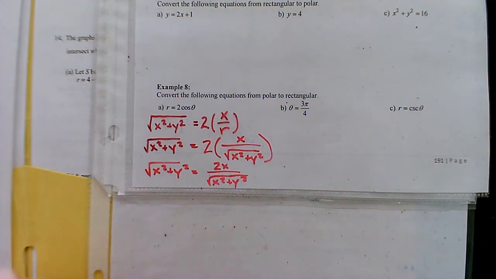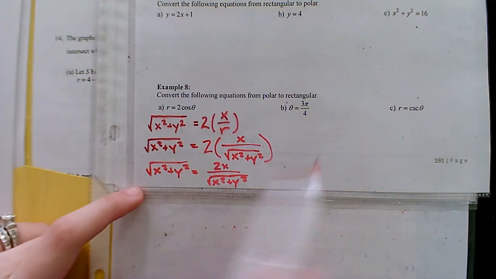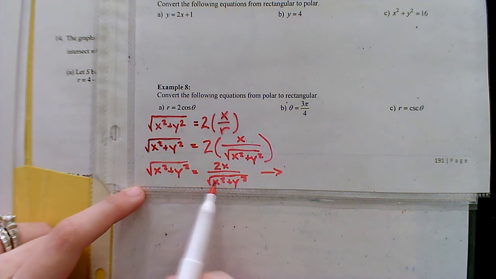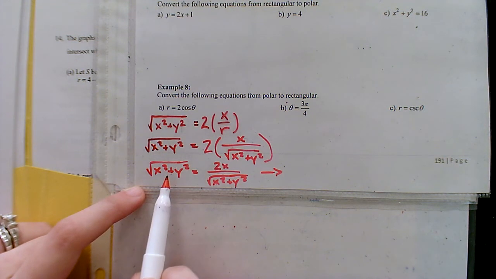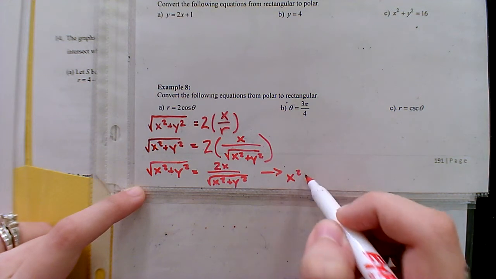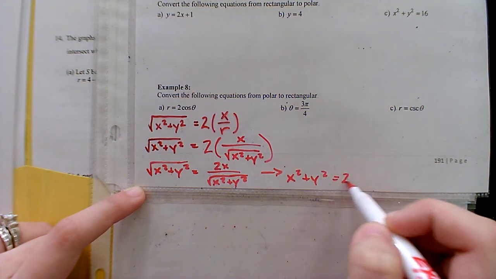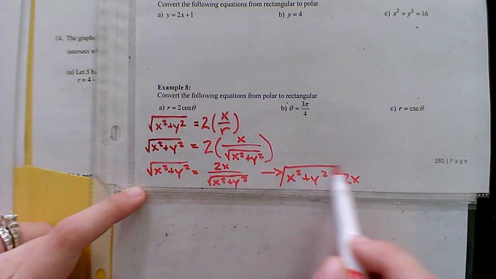Okay. Multiply it by the stuff on the bottom. To the other side? Yeah. Good. Okay, so notice how the square roots match. So if you multiply a square root by the same square root, the square root would go away. So we're left with x squared plus y squared equals 2x. I say that's pretty cleaned up.